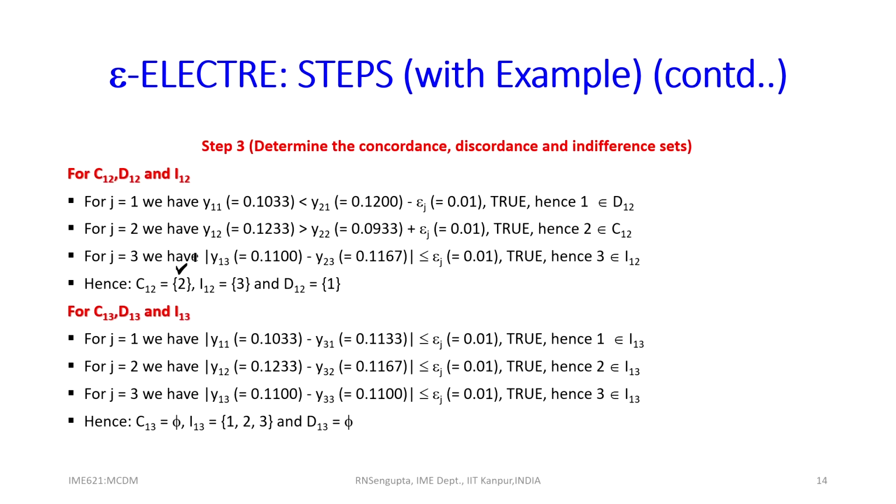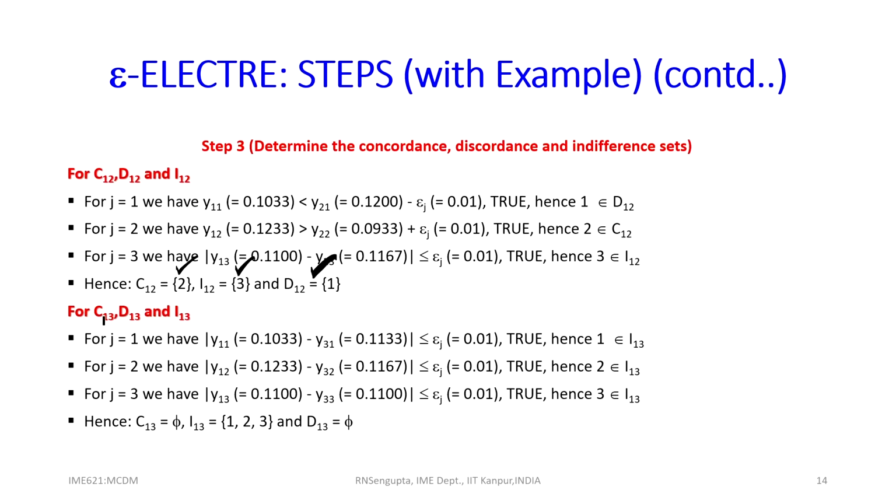So, I will have concordance 2, indifference 3 and discordance 1. Here indifference is coming into the picture. Similarly, when I do C13, D13, I13, I have C13 null, D13 null and I13 as 1, 2, 3. By the way, the epsilons can be tweaked in order to basically get different sets of values.